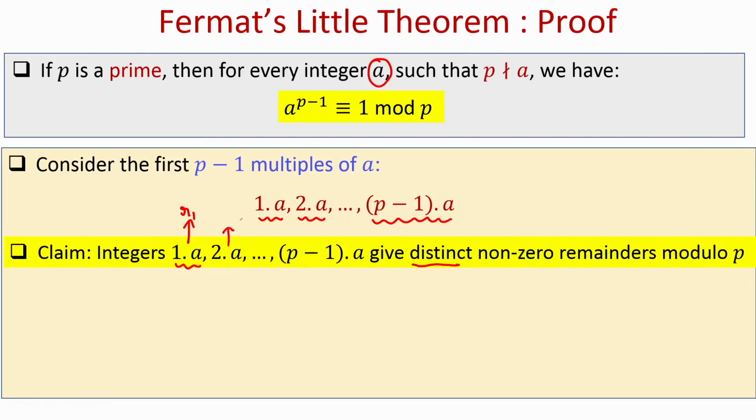Whatever remainder you obtain by dividing 2 times a by p, call that remainder R 2, and like that whatever remainder you obtain by dividing p minus 1 times a by p, call that remainder R of p minus 1. The claim is that none of these remainders are the same.